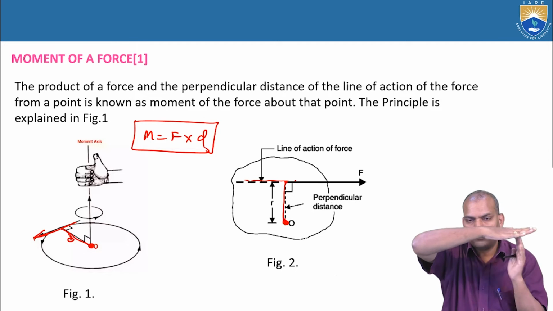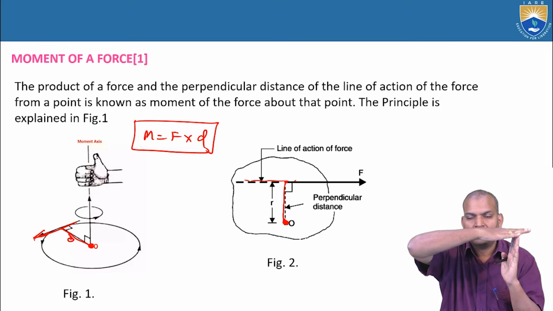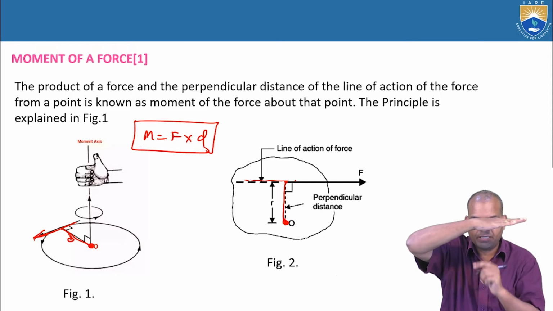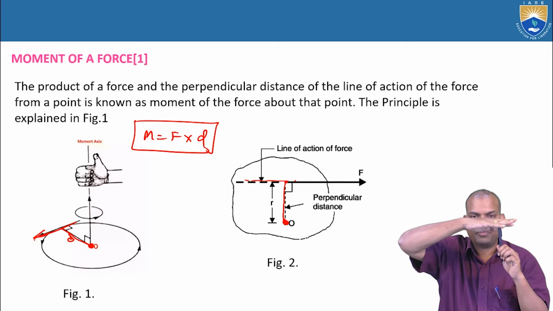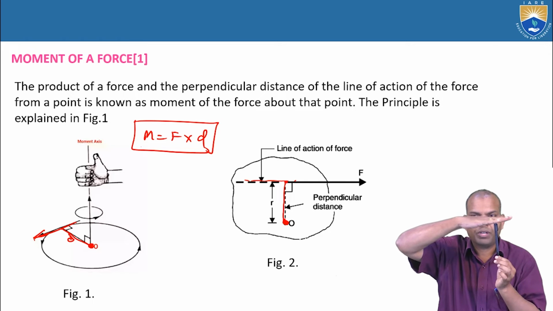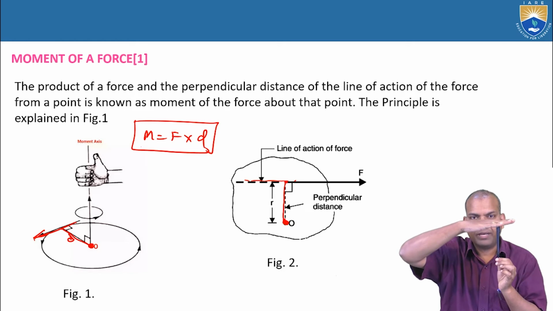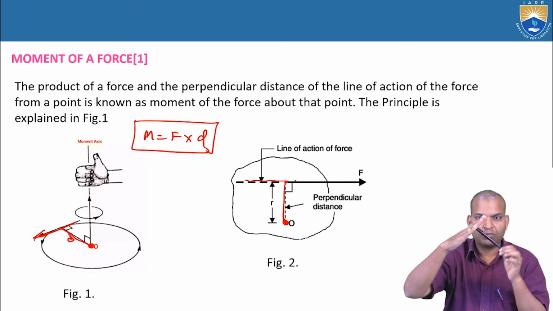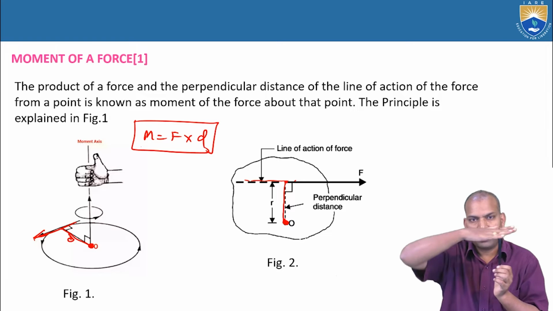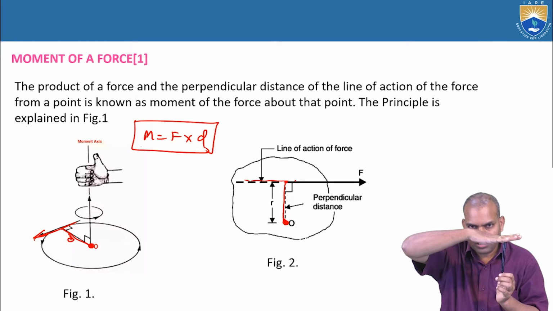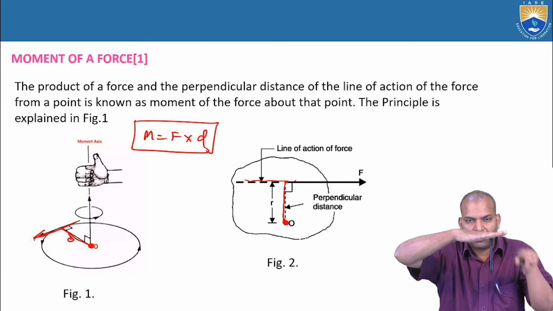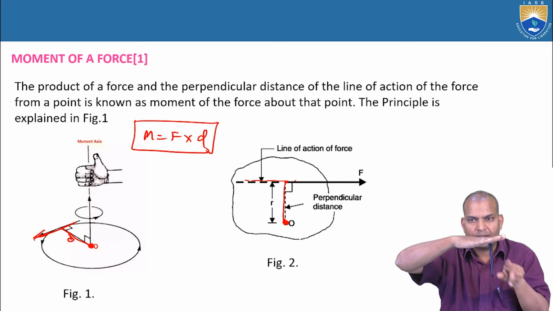Here the moment of the force is F times the perpendicular distance. When it is acting, the moment of the force causes rotational motion of the body. The effect of the moment is rotation, rotary motion.